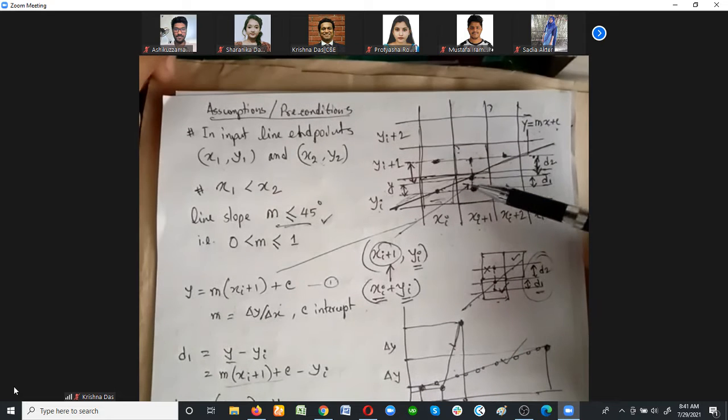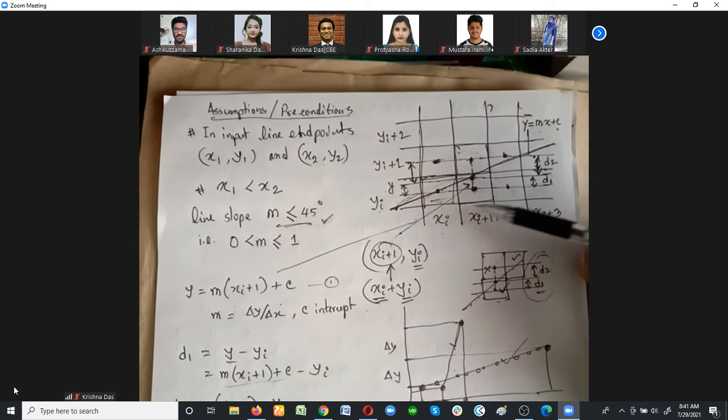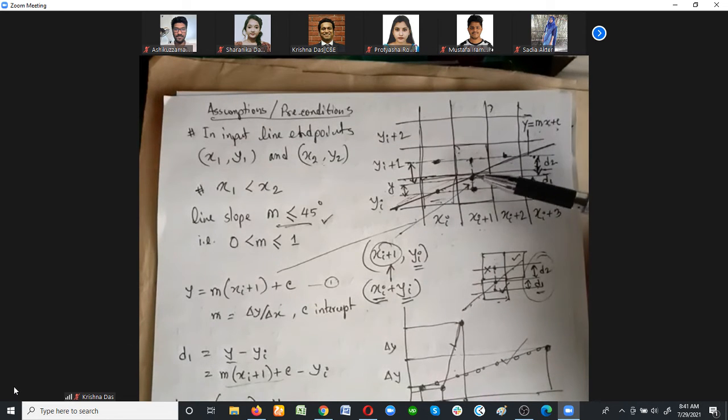And we can feel that the lower one is the best one to consider, because the line is presumably going through most of that pixel, compared with the upper one. But the main concern in the logic of the algorithm is how the computer will understand that the lower one should be considered.